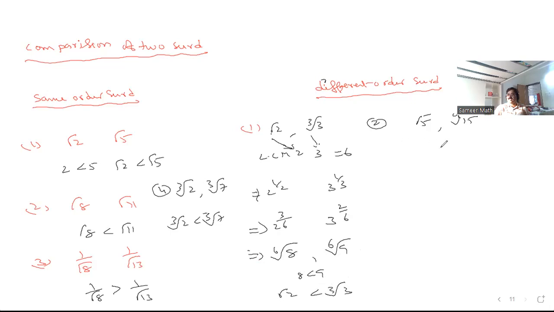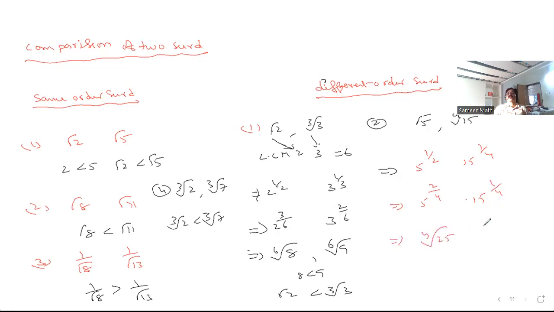In the same fashion, I have taken another example. You see this: 5 to the power of 1 by 2, and 15 to the power of 1 by 4. The LCM is 4. Simply you can raise this one to 2 over 4. You don't touch the other one because its order is already 4.